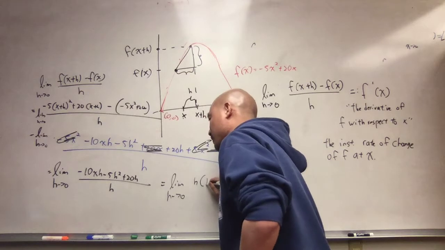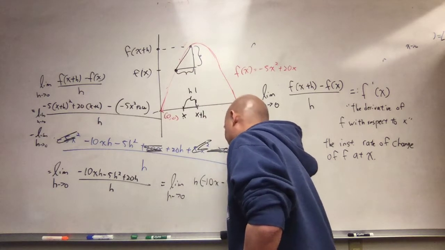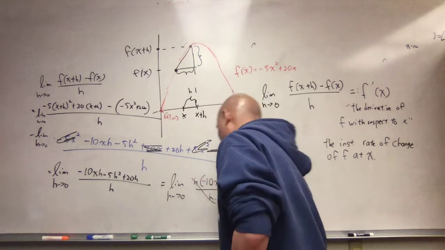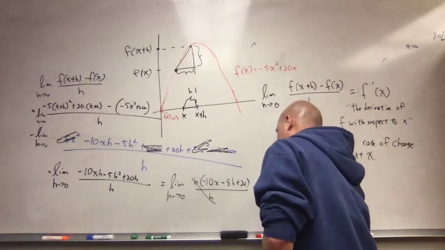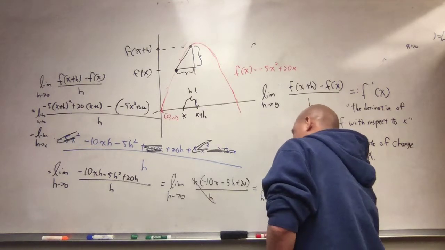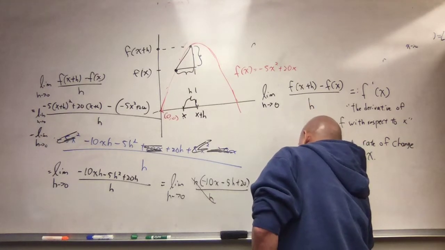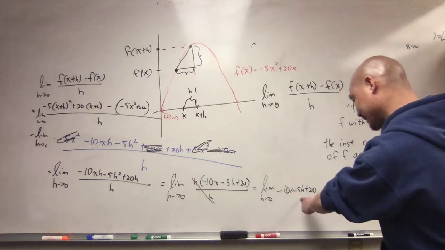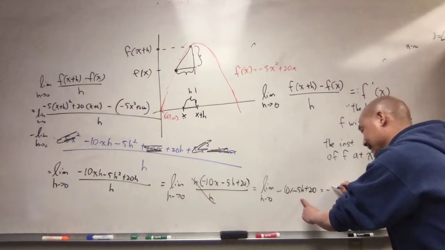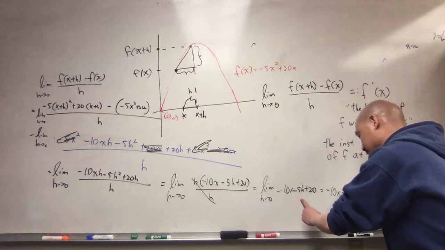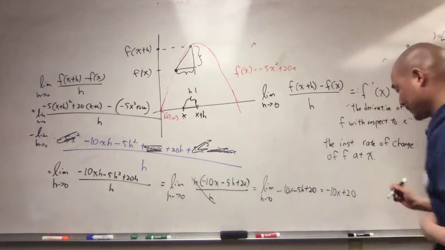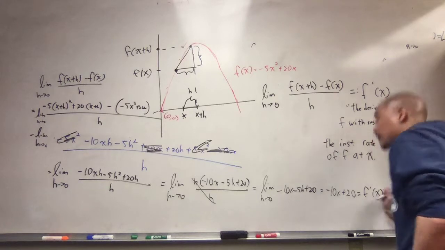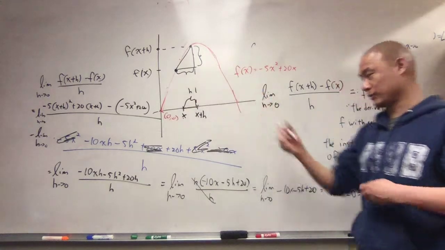I pull an h out, I get minus 10x minus 5h plus 20, all over h. Those can cancel. And I'm looking at the limit as h approaches 0 of minus 10x minus 5h plus 20. Now, if I plug 0 in here, I get minus 10x plus 20.